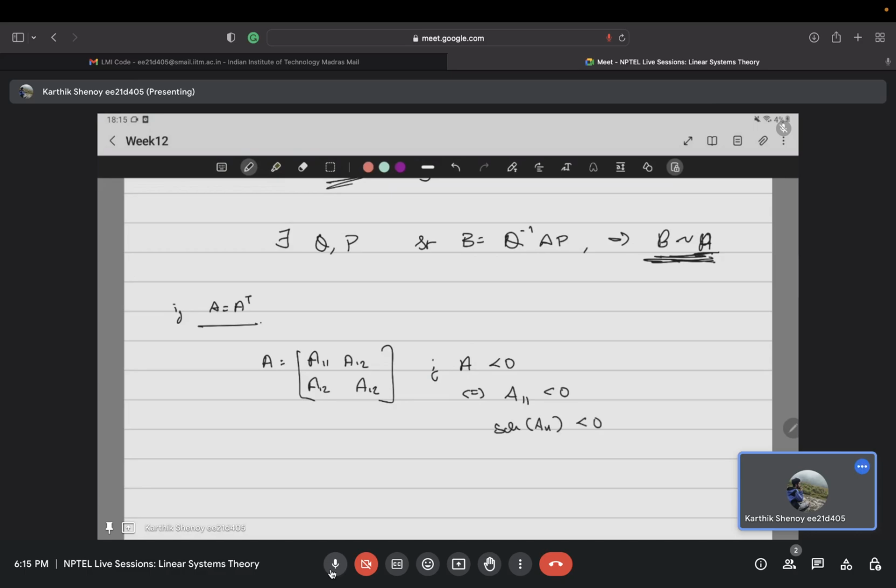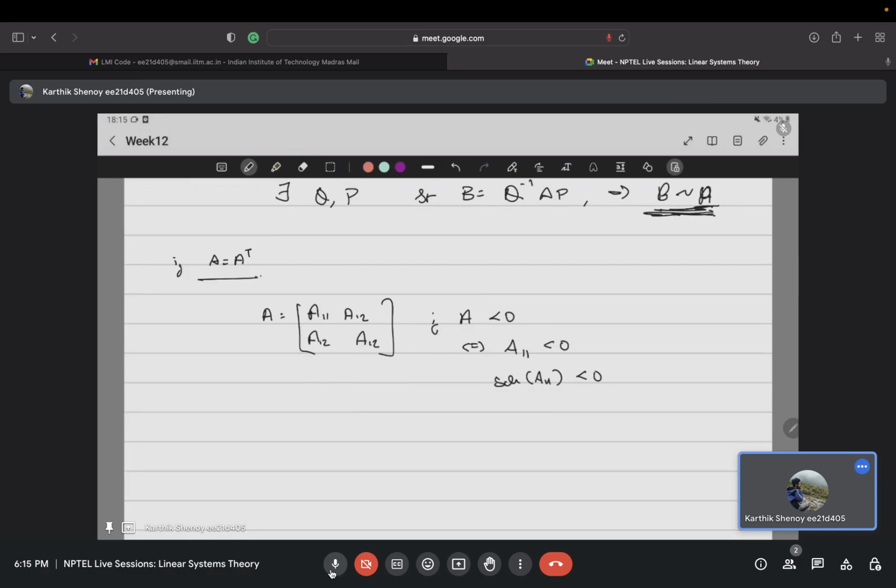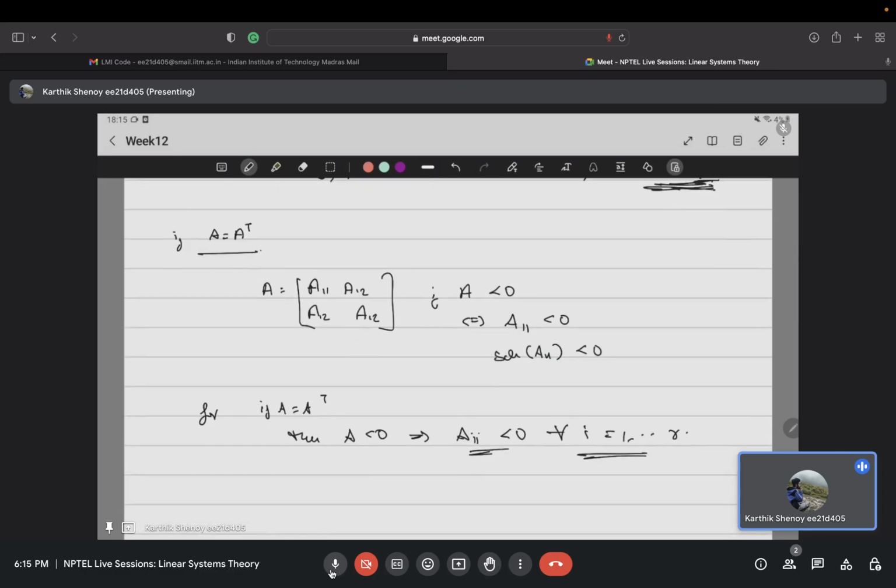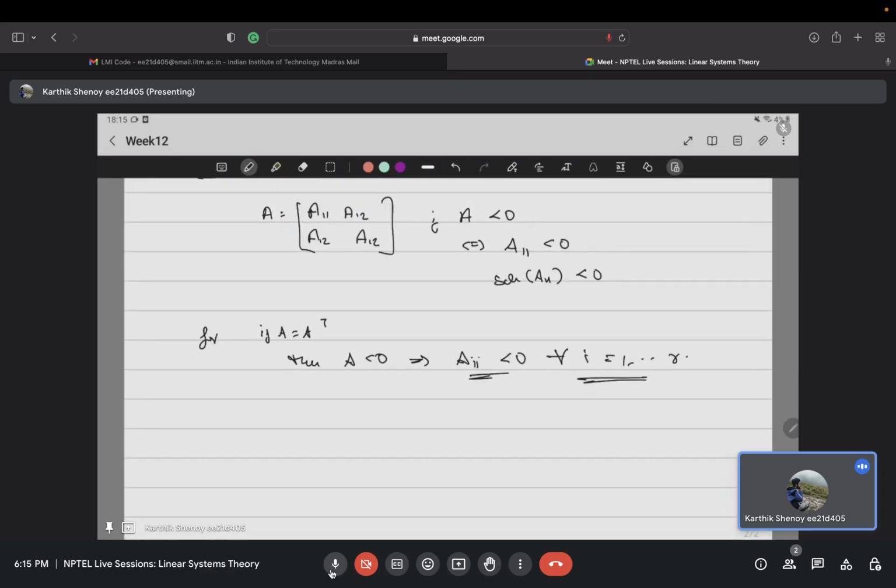Okay. Similarly, in the general case, if A equals A transpose, then A is negative definite implies Aii is negative definite for all i equal to 1 to r. Okay. So, that is a trick which you will use for discrete systems.